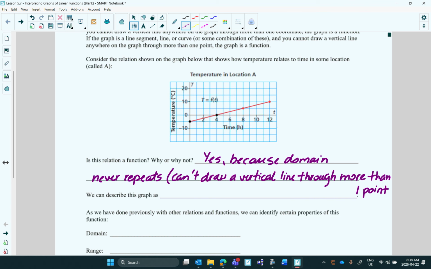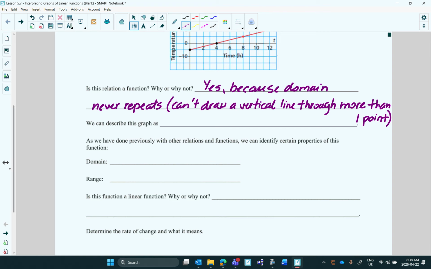So because it's linear and because it's a function, we can call it a linear function. How we would say it is we can describe it as the temperature as a function of time.